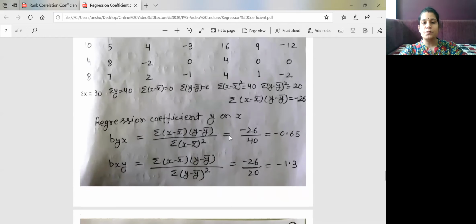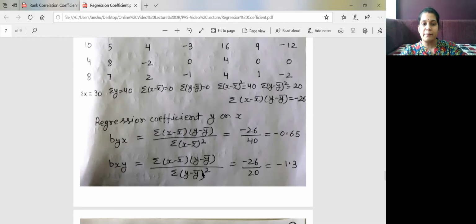Summation x minus x bar, y minus y bar is equal to minus 26. So we write minus 26 divided by 40 is equal to minus 0.65.